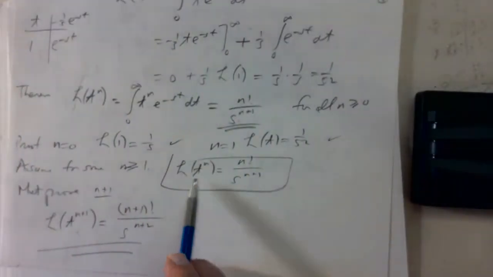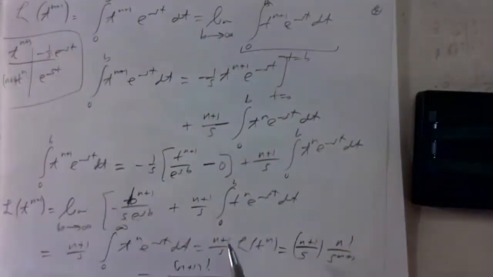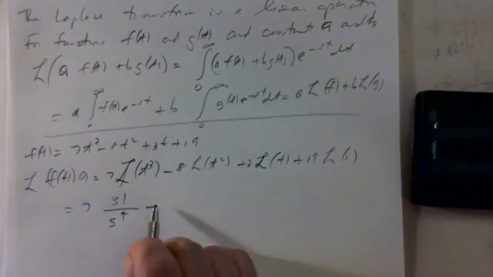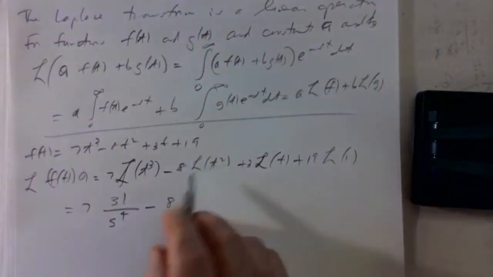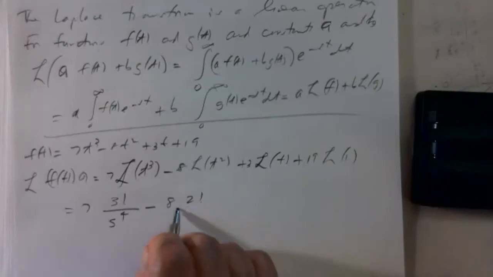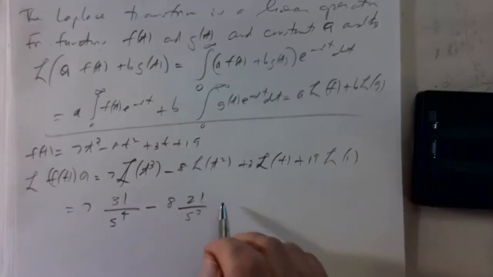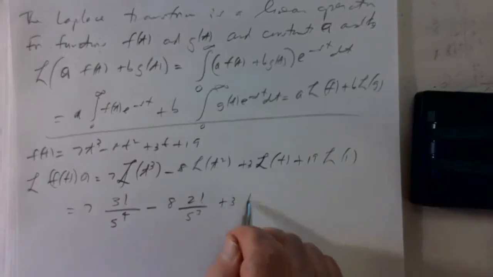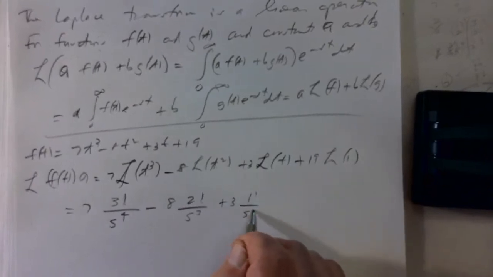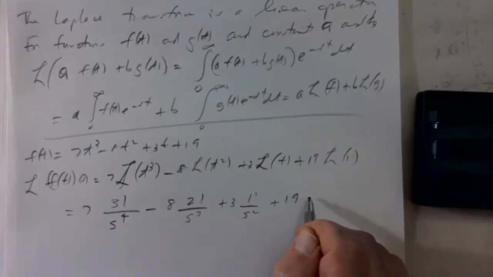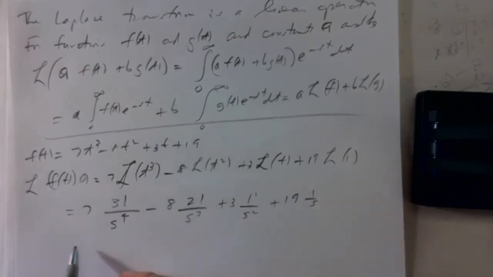The Laplace transform of t to the n is n factorial over s to the n plus 1. So this is right, I did everything correctly. That's good. So minus 8 times 2 factorial over s cubed plus 3 times 1 factorial over s squared plus 19 times 1 over s.